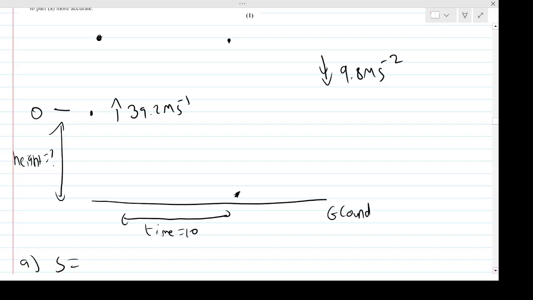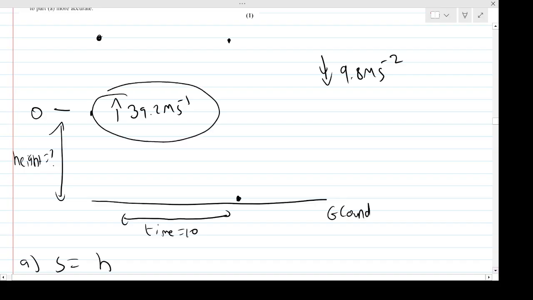Okay, so let's use that. So if we start from, well, that's s. So we start from this level O, and we end on the ground level here. Hits the ground. Well, the height is the displacement, right? But because we're starting by moving upwards, we're treating upwards as positive.